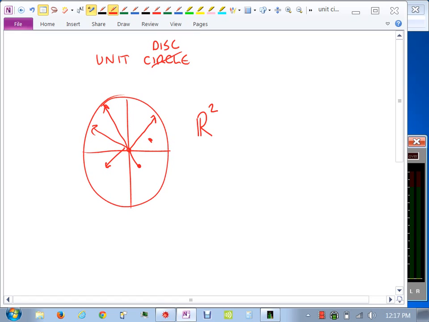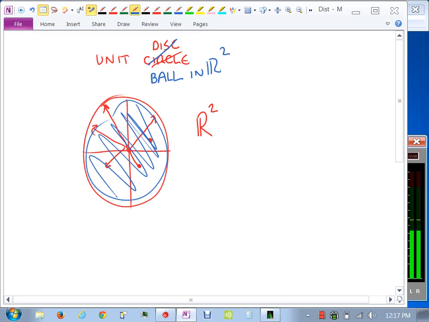Now, we have a more general name for this. We call it the unit ball. The unit ball in R2. So this is what the unit ball looks like in R2. It's a disk with radius 1.